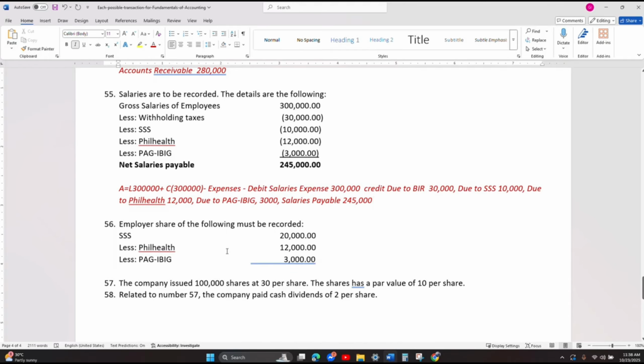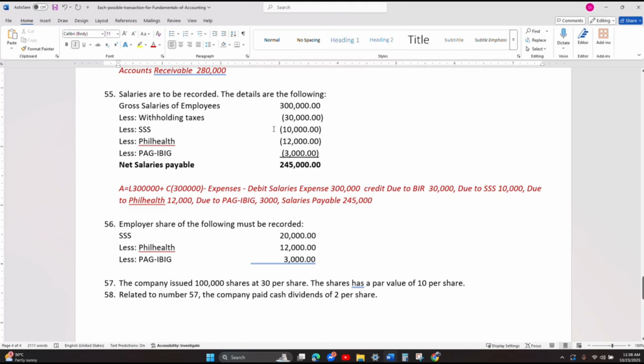Why is it? In number 56, there is what we call the employer share. So these amounts that were deducted from the gross salaries of the employees are the employee share. So SSS is what we call a retirement fund. So meaning both the employees as well as the employer are contributing to it.